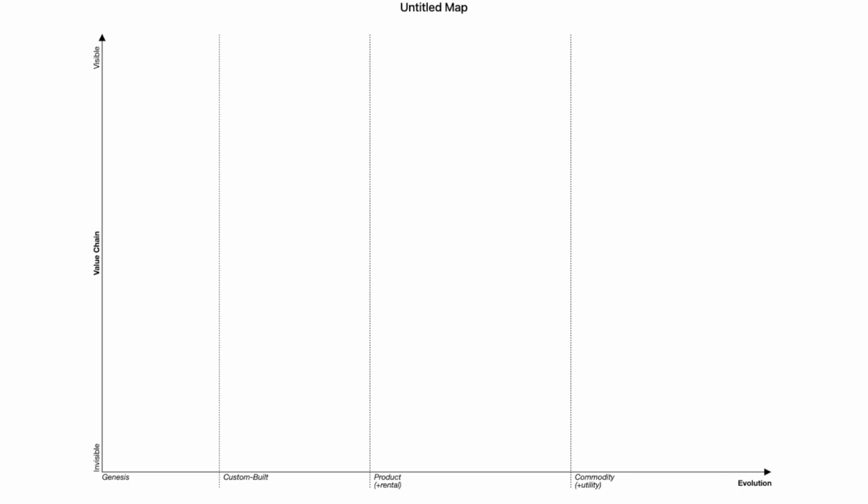Then what you do is you spread these components over an axis which is called the evolution axis. And the evolution axis really begins with genesis on the left-hand side and goes all the way to commodity on the right-hand side, because typically what you'll find is these components will evolve naturally from left to right. And so we'll spread these components out over the Wardley map. We'll link them together where they have linkages.